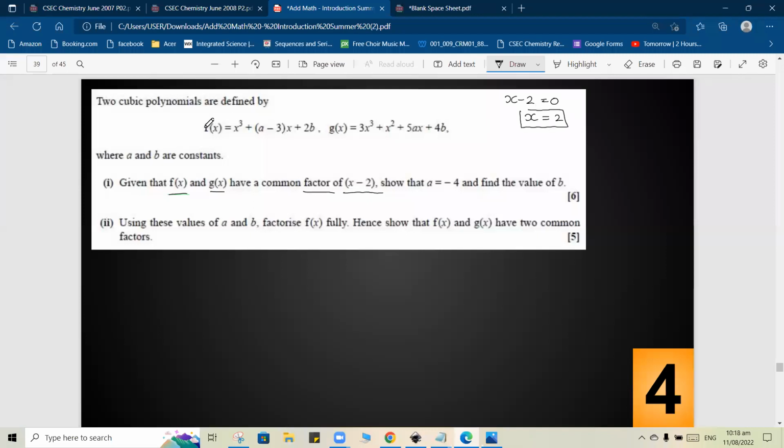Which means if we go over here and replace all the x's with 2, you will get it to be equal to 0. And also over here, if you replace all the x's with 2, you will also get 0.